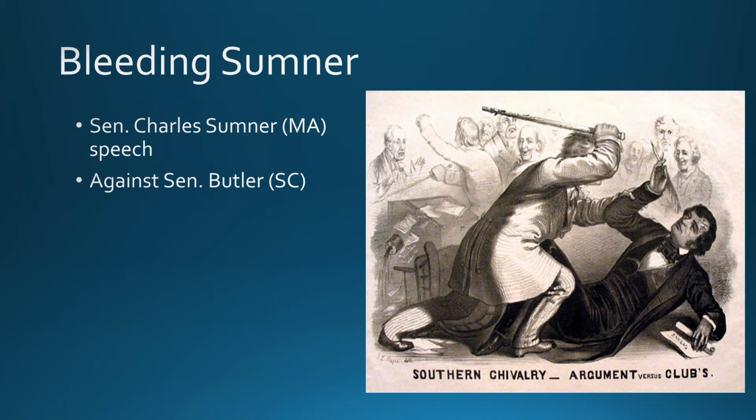In response, the nephew of Senator Butler, who was also a congressman, Preston Brooks, will see Sumner and attack him literally on the congressional floor and beat him so badly with his cane, which is what this is showing here, that his cane broke.